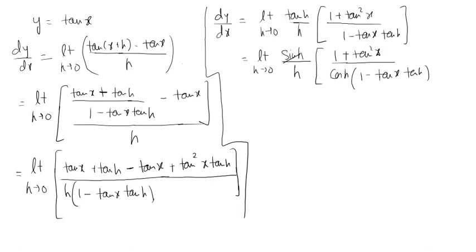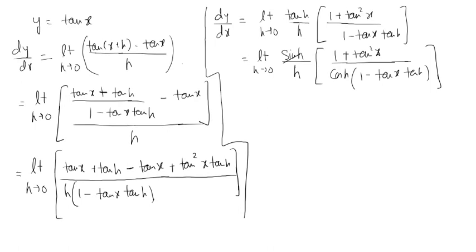Now we know that this limit is equal to 1. Okay, sin h by h is equal to 1, and if you put h is equal to 0 here, cos of 0 is equal to 1, tan of 0 is equal to 0, so the limit will be equal to 1 plus tan square x.